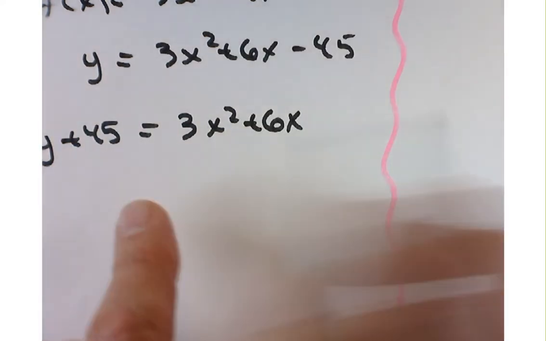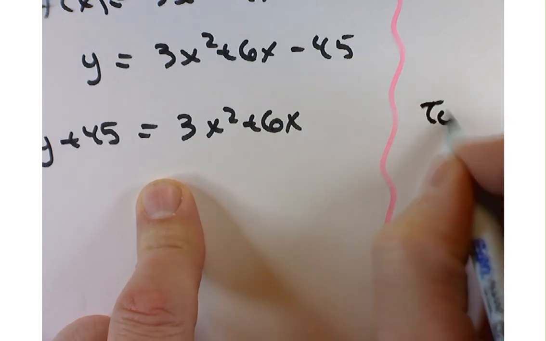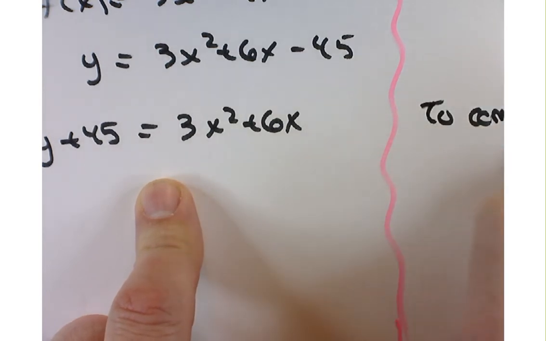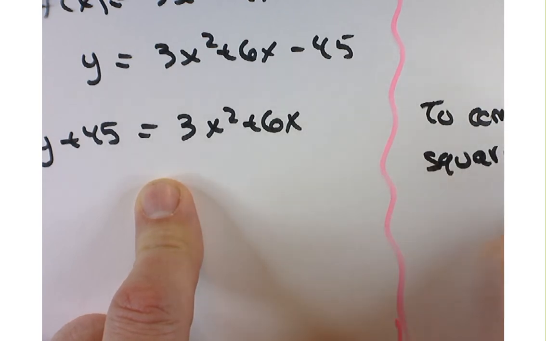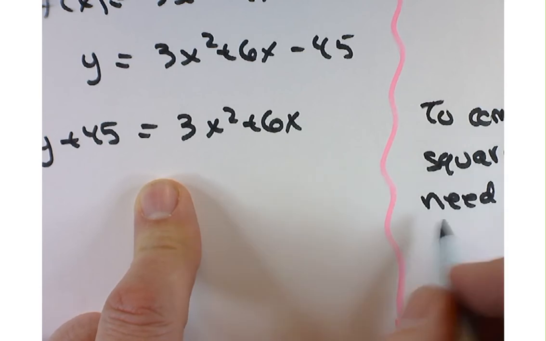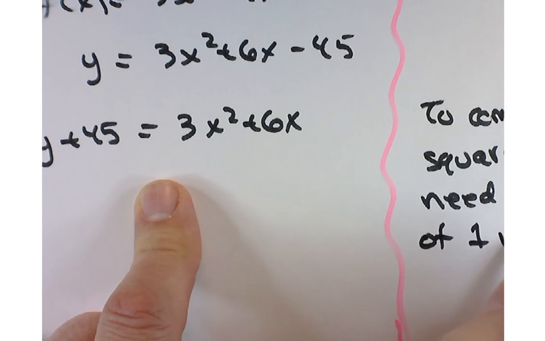So I'm going to start writing down things like: to complete the square, you need a coefficient of 1 in front of the x squared term.